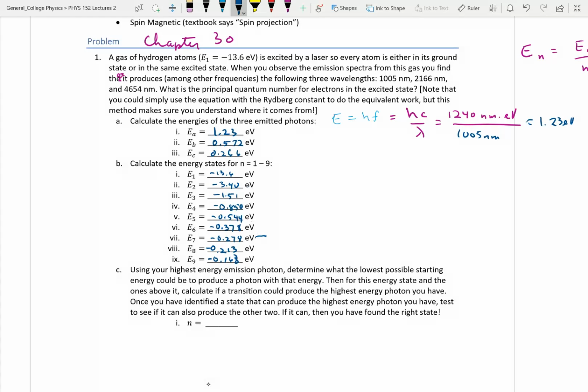The reason I'm going to 1.51 is because I need to try to get to that 1.23. And so if I subtract those, that gives me an energy difference going from 7 to 3. And these are both in units of eV.